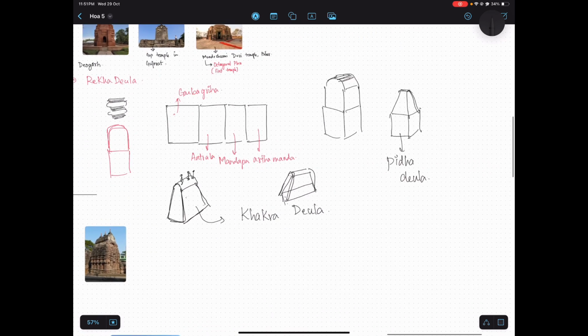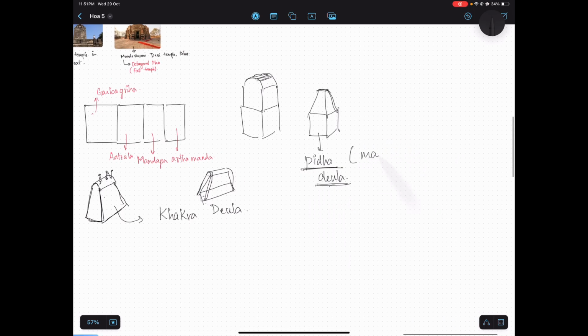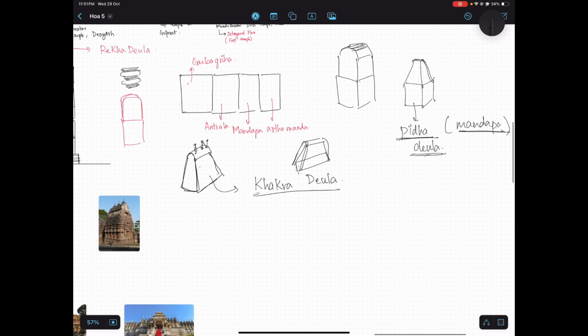Most of the Pida Deula structures are found for the mandapas, mostly not in the Garbhagrihas. They are for the mandapas, like the dancing mandapa or the food offering mandapas. And the Khakhara Deula is present mostly for the female god.